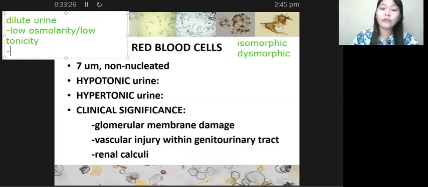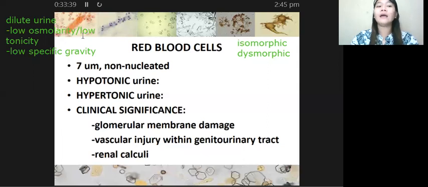So a dilute urine sample has a low specific gravity. Nakuha? Pare-parehas lang po yan ha. Dilute urine, urine with low osmolarity or low tonicity or hypotonic urine, urine with low specific gravity, pare-parehas po yan.